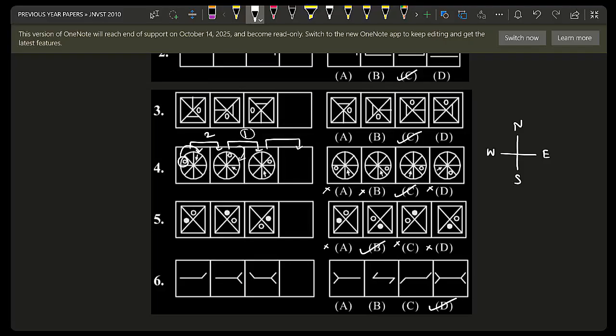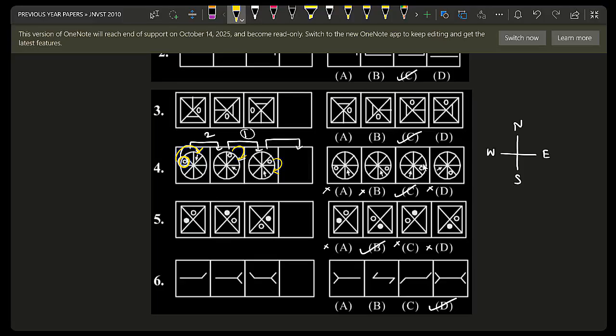Karthik? In the fourth question, the circle and the small circle arrow mark are moving clockwise, not anti-clockwise. From here to here, clockwise 2 steps moved, then clockwise 1 step moved. So from here we expect it to move 1 step.